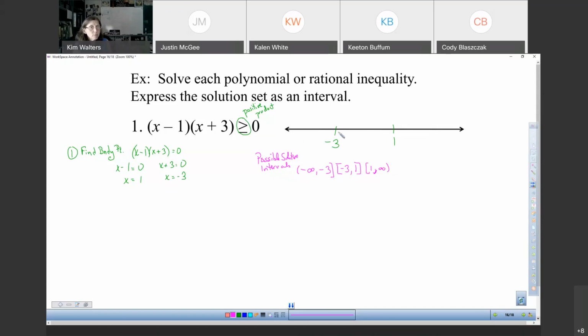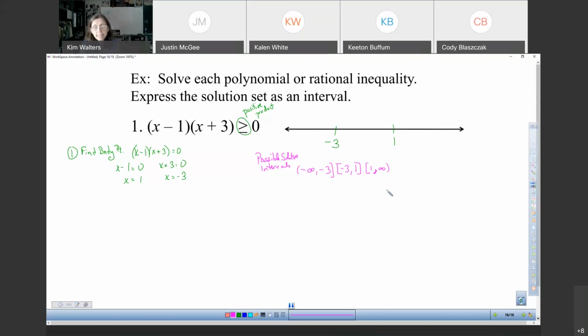This part right here is represented by -3 to 1. And then this part is represented by 1 to infinity. And just like I think it was Justin said, because of the equal to on there, I'm going to put a square bracket, okay? If my original inequality symbol had not had the equal to under here, I would put round brackets on everything.